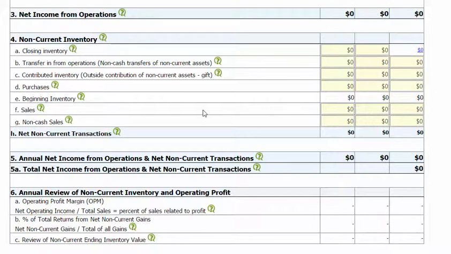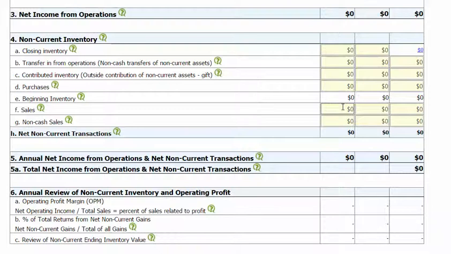The sale of aged breeding stock, raised or purchased, should go right here, and that value should be reduced in the closing inventory. So if you had an old cow on the books, and she was sitting on the books at $800, and you sold her for $1,000, then the closing inventory would be reduced by $800, but you'd have a $1,000 sale. That's another place that you could have an increase in this section.